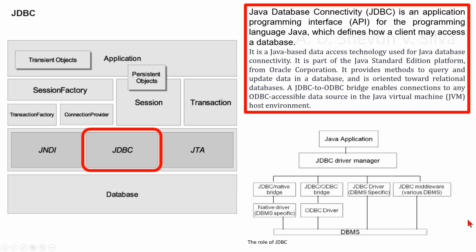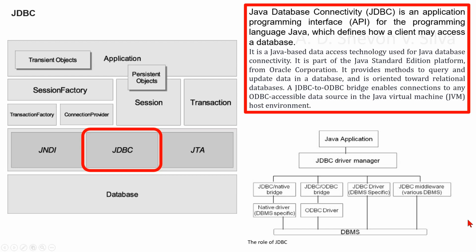ODBC mixes simple and advanced features together and has complex options for simple queries. But JDBC is designed to keep things simple while allowing advanced capabilities when required. The JDBC API is a natural Java interface and is built on ODBC.